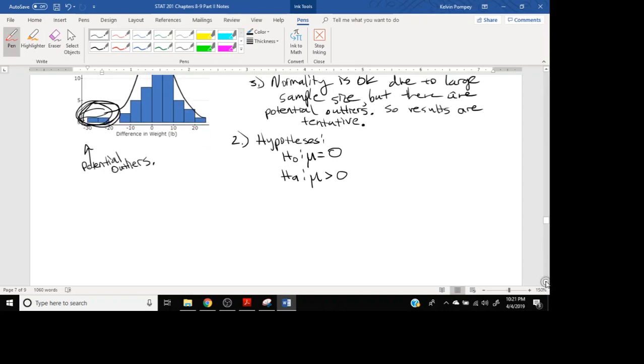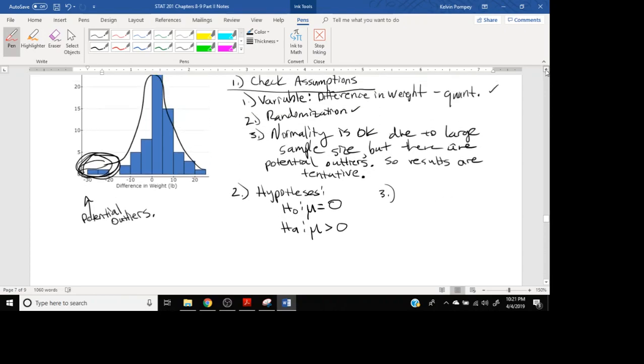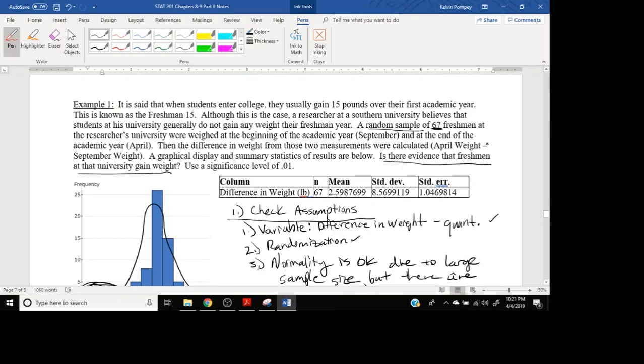Once we have our hypotheses, we're going to go ahead and get our test statistic. Our test statistic here is going to be either a Z or a T. If we know our population standard deviation, we're going to use a Z. If we don't know our population standard deviation, sigma, we're going to use a T distribution.